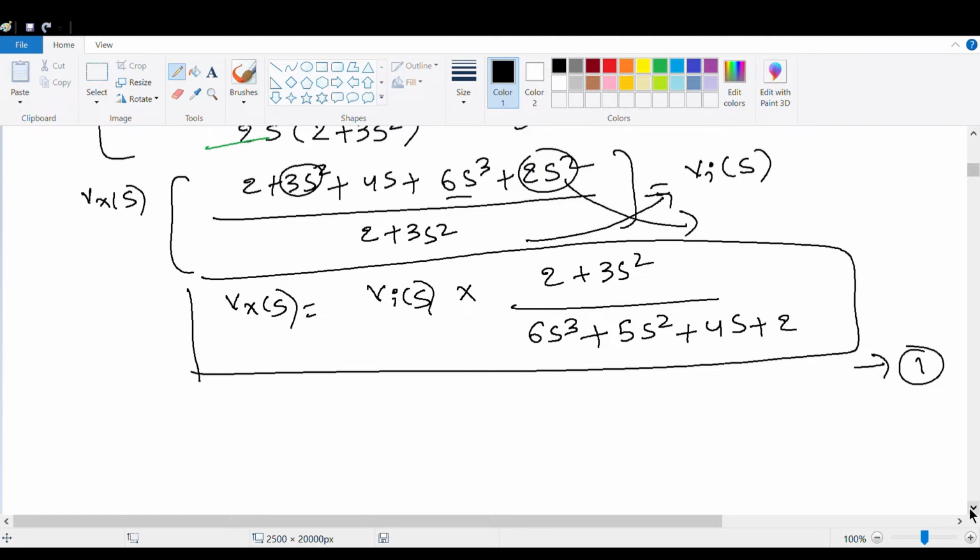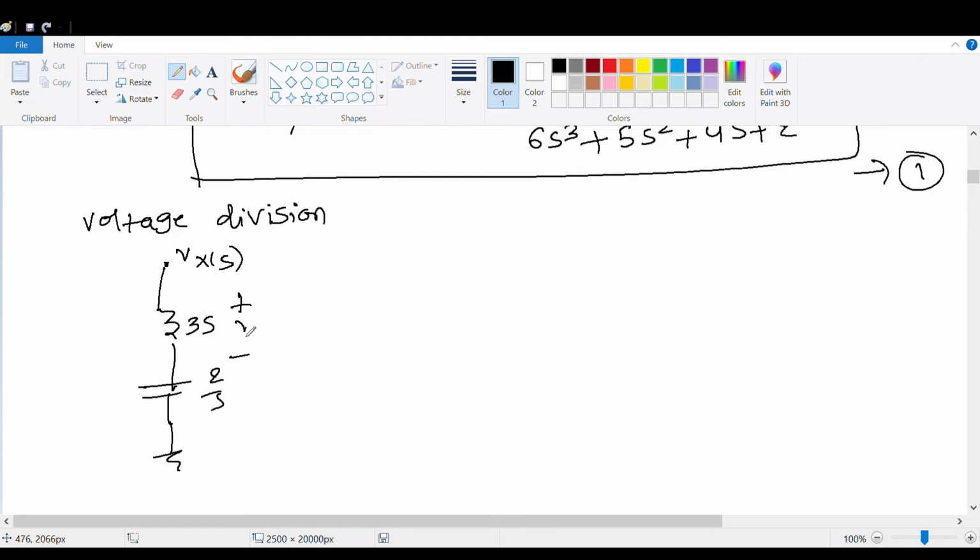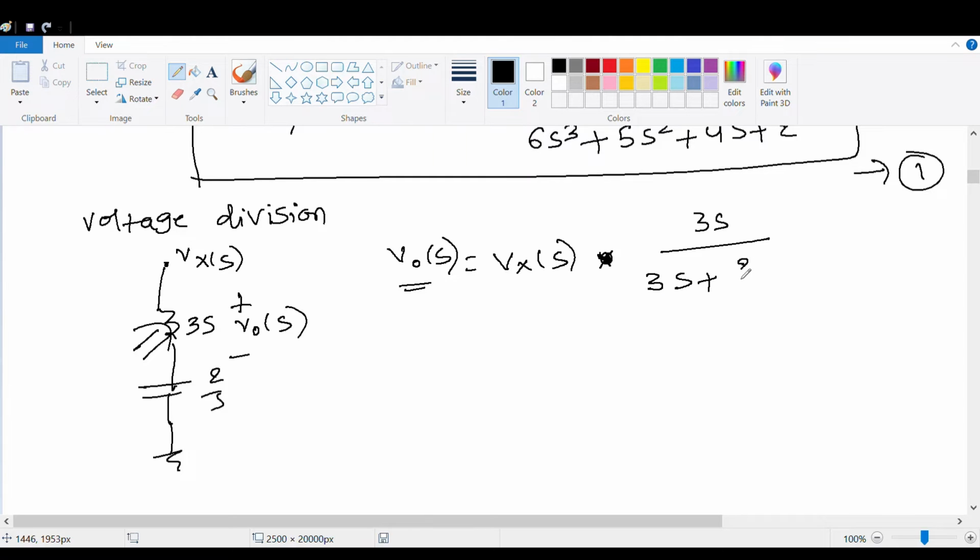Now we have studied voltage division. We have Vx of s here, and after that we have 3s, and after that we have 2 by s, and we need the voltage across this as output. Now apply voltage division. V0 of s is equal to the voltage across one element, which equals the total voltage into its impedance by the total impedance, 3s by 3s plus 2 by s.